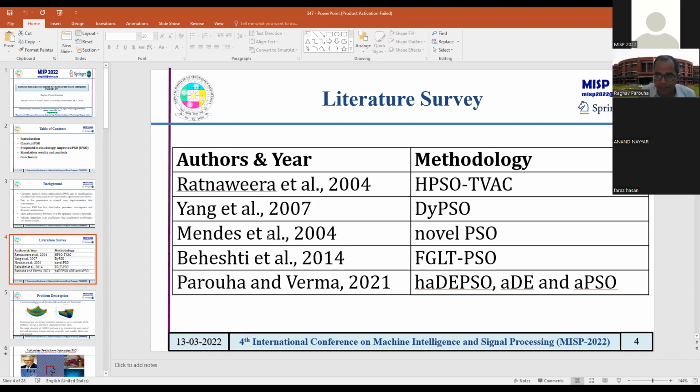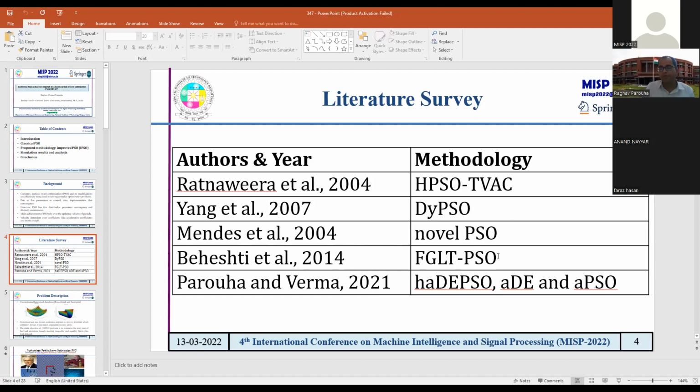Similarly, Yang et al. in 2007 presented dynamic PSO. It is also based on some novel parameters, implemented in the velocity update equation.